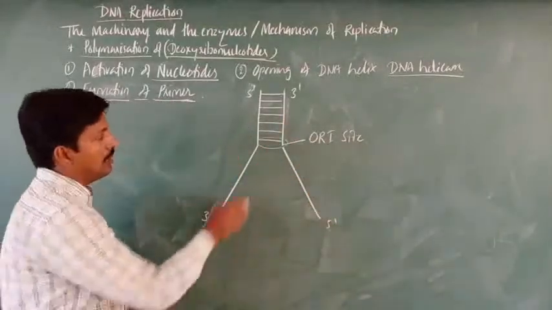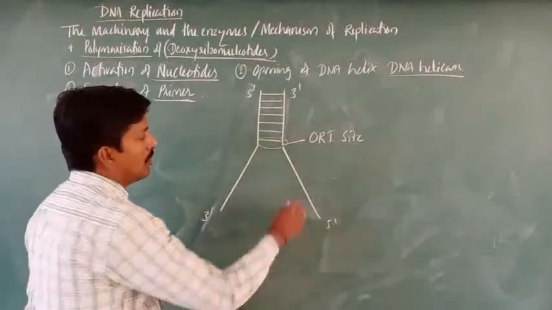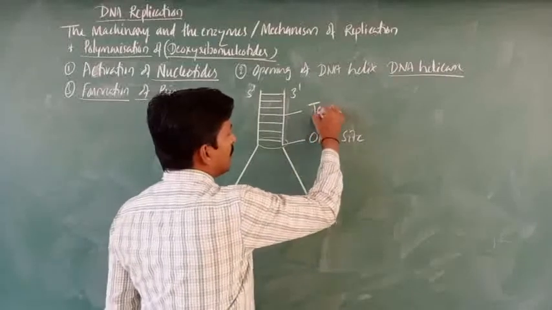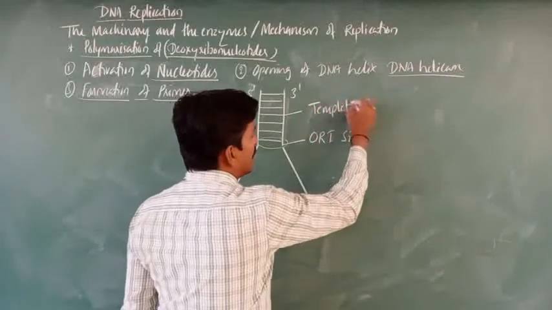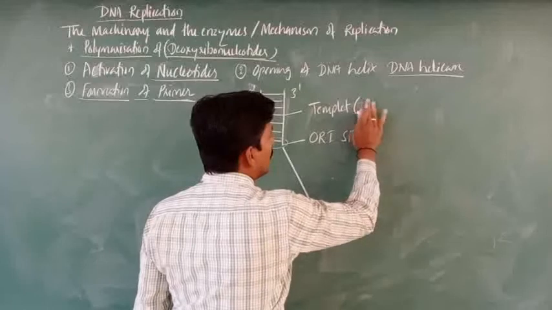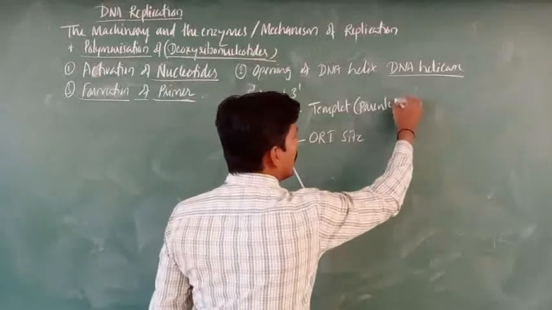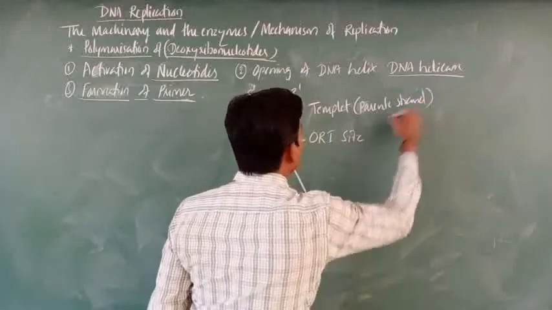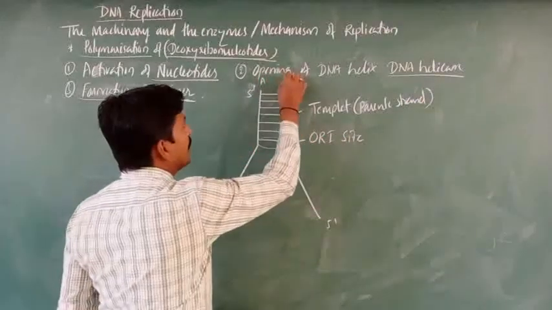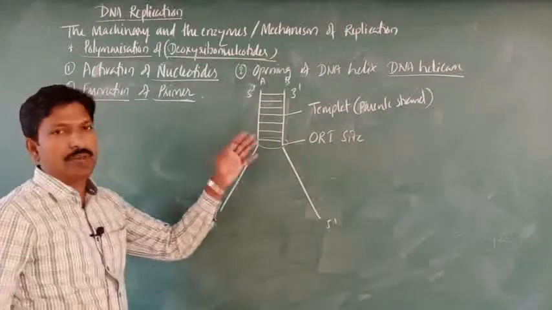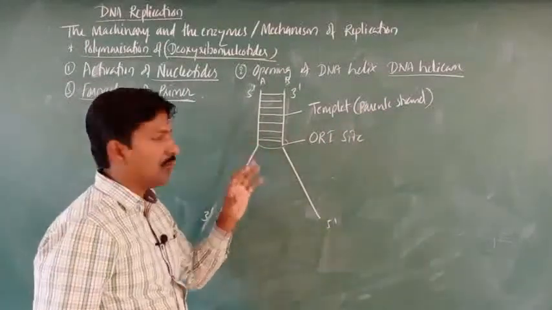So these are the parental strands, also referred to as templates or parent strands, right? You can mention these as A and B. So A and B are the parent strands here, as we studied in the semi-conservative method of replication of DNA.